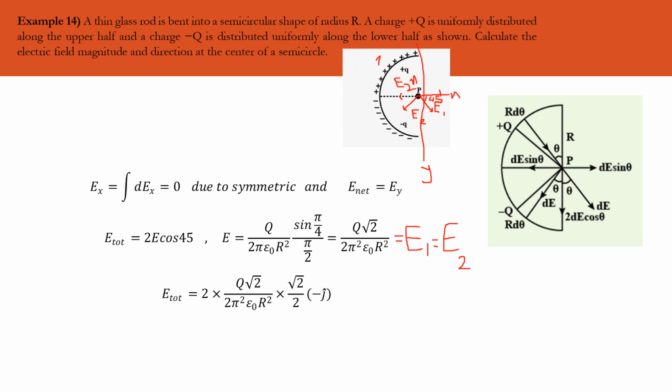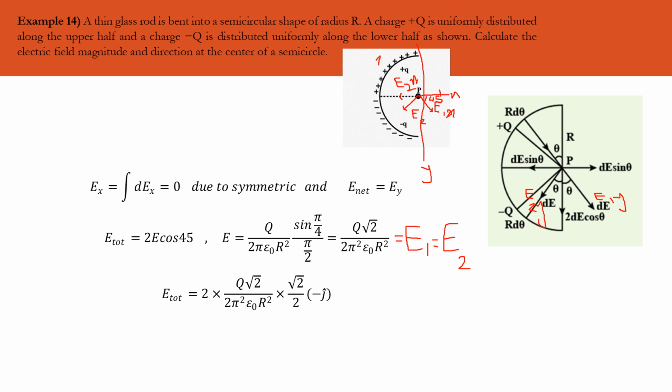Then, due to the symmetry, they cancel each other. The final E total will be along j, meaning down here. This one is E1y, and here we have E2y.